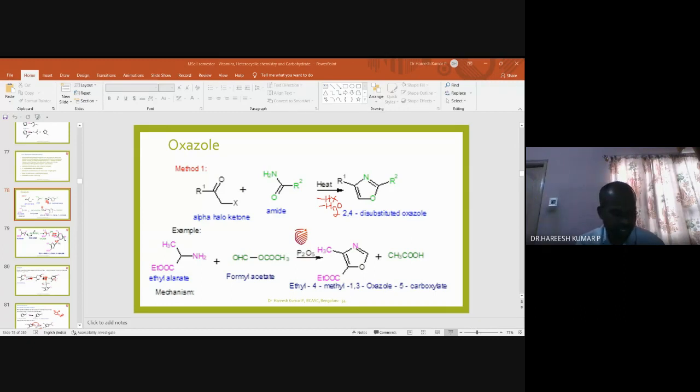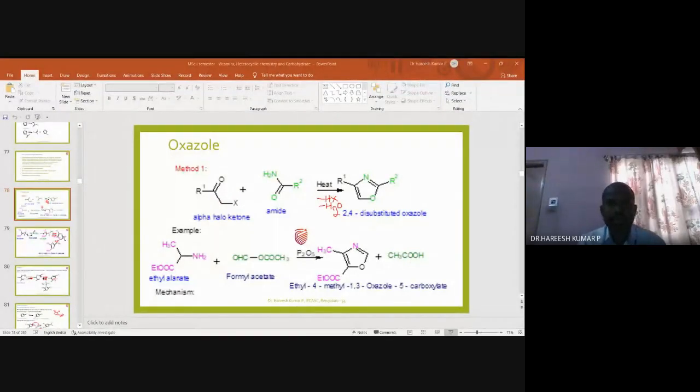If you want to number the oxazole, the preference should be given to the oxygen. That means this is 1, 2, 3, 4, 5. In that way you need to number.